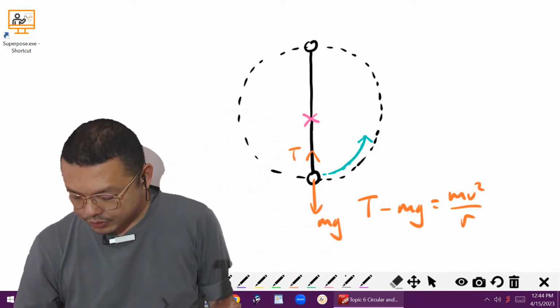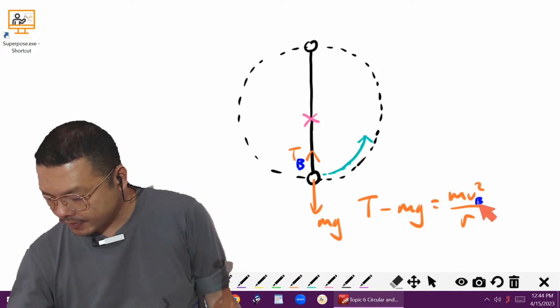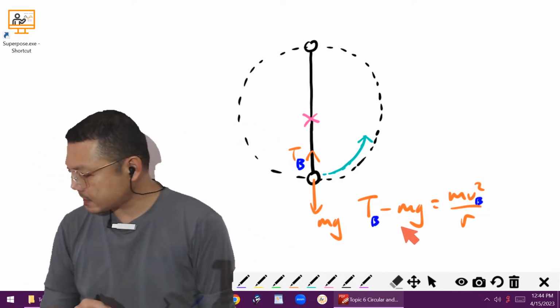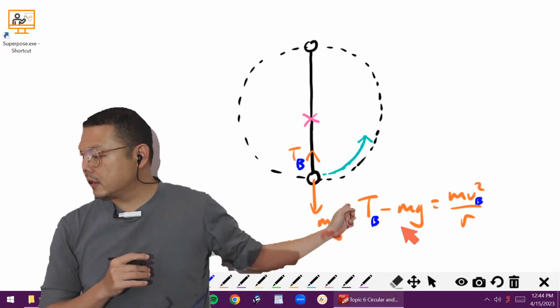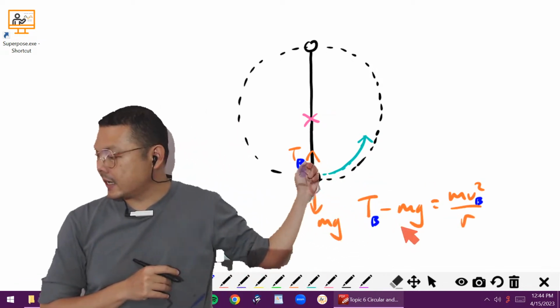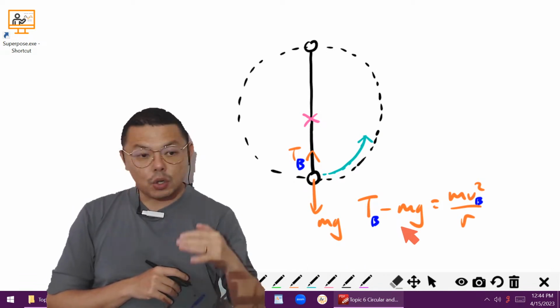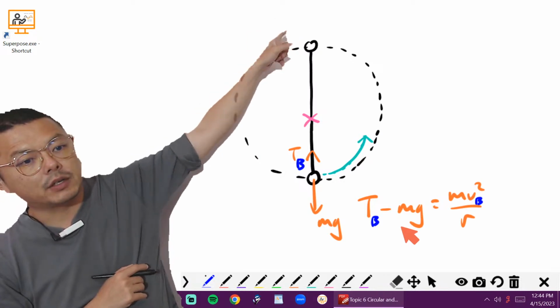So I need you to write down things like this. Write down B at the bottom, because the speeds are different. The tension is different also. Write down the B, because I added in all the bottom parts here. So at the top, what are the forces acting on the pendulum?